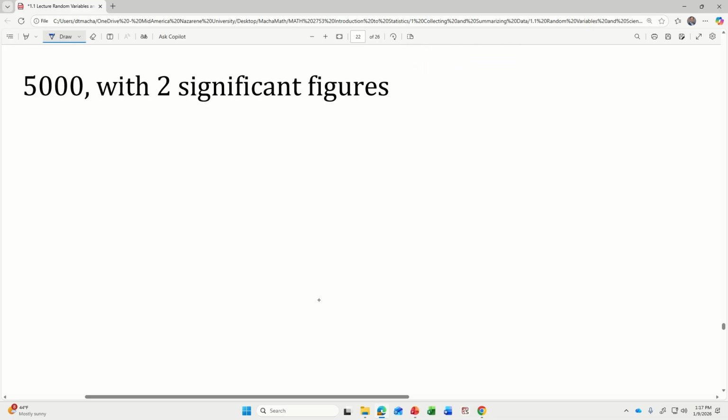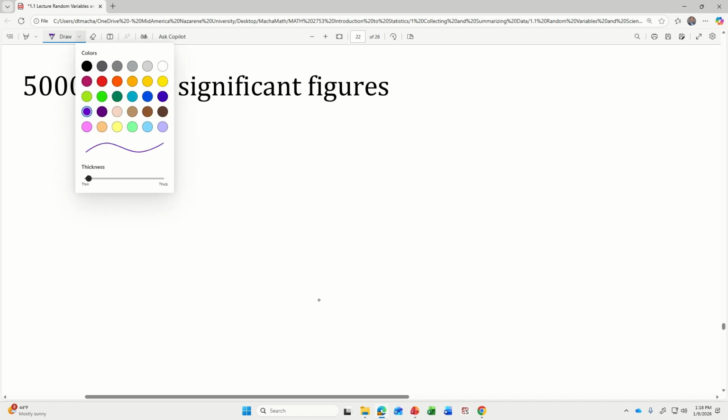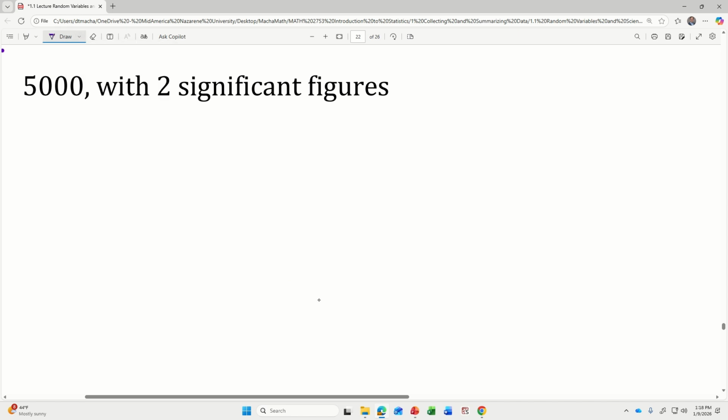5,000 with 2 sig figs. Wouldn't that still be 5,000? Yes. Because the first 50, these are my significant figures.